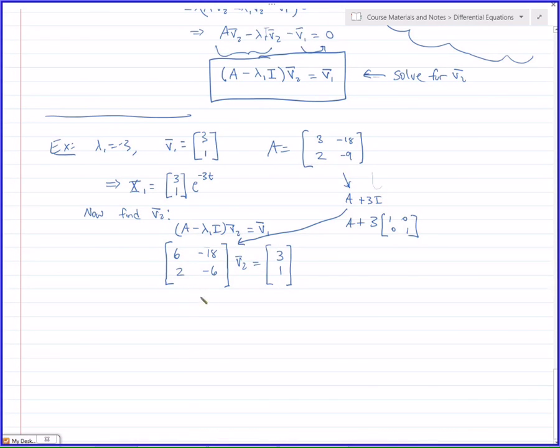So if I wrote this as an equation, I'm going to call it a, b. If v2 is (a, b), 6a minus 18b equals 3, and 2a minus 6b equals 1.